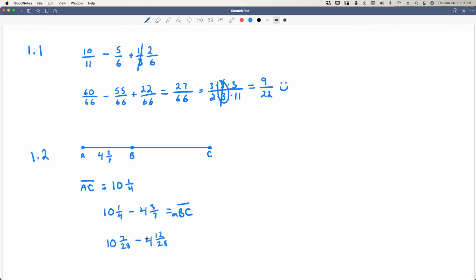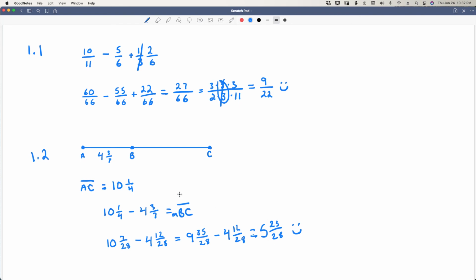Well, we cannot subtract 12 from 7, so we're going to borrow, and that's going to leave us with 9, and if we add 28 pieces to 7, that gives us 35 over 28 minus 4 and 12 over 28. That equals 5 and 23 over 28. We cannot reduce 23. It's a prime number, so this is our final answer.